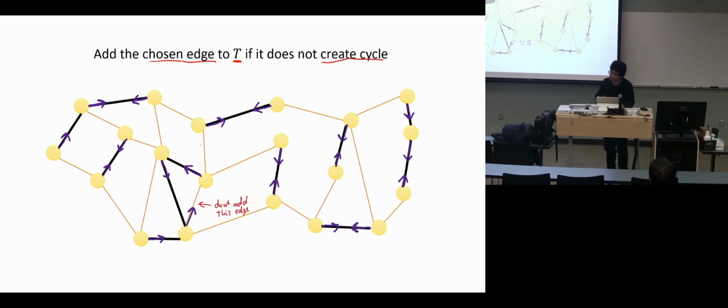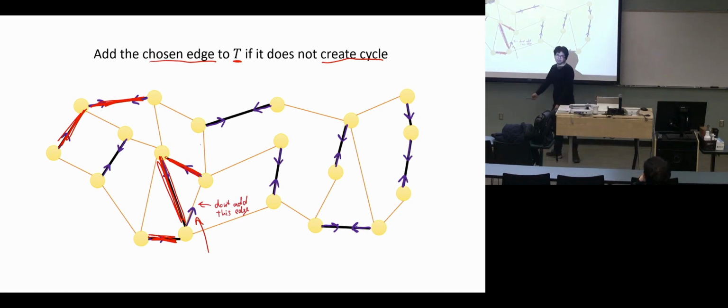For example, this edge can be added. This one you add, and this one you add here. This one you maybe add, and if you add this guy, then this one you shouldn't add into your tree because it would create a cycle and you don't get a tree.